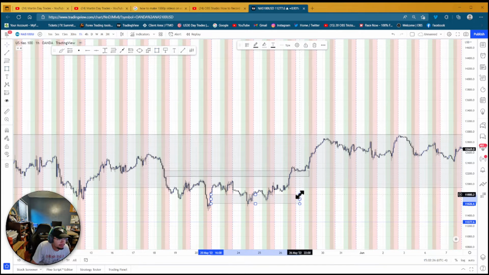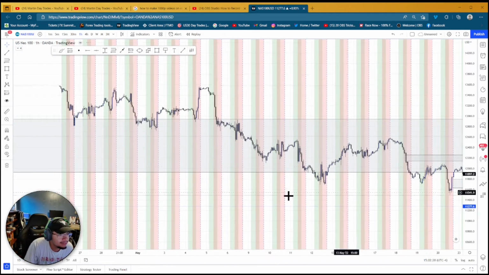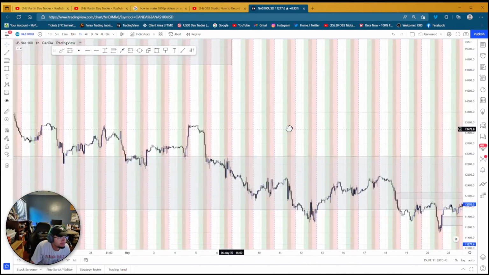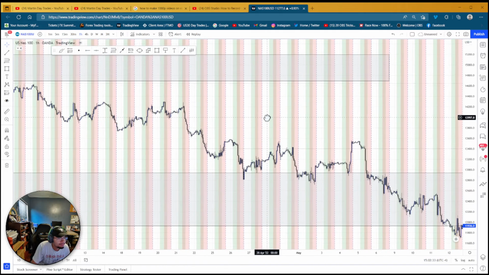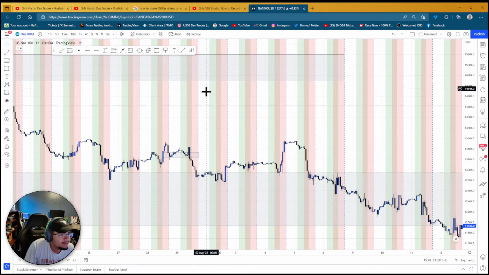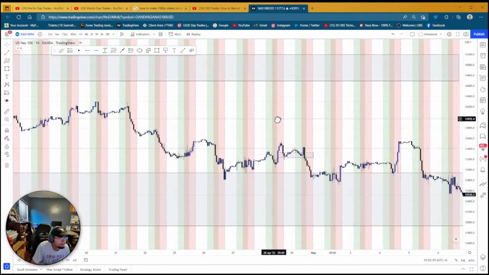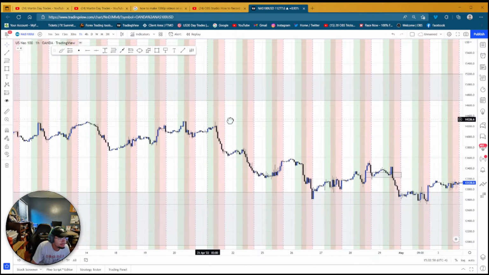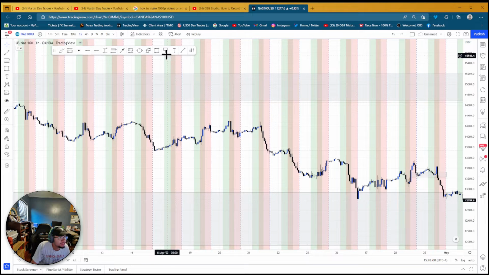So price was gonna have a reaction somewhere in there, which it did. There's this one right here, guys. It's from this candle to this candle. There's this one right here.